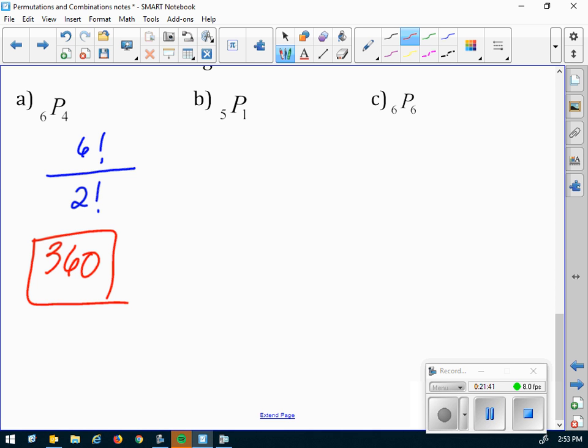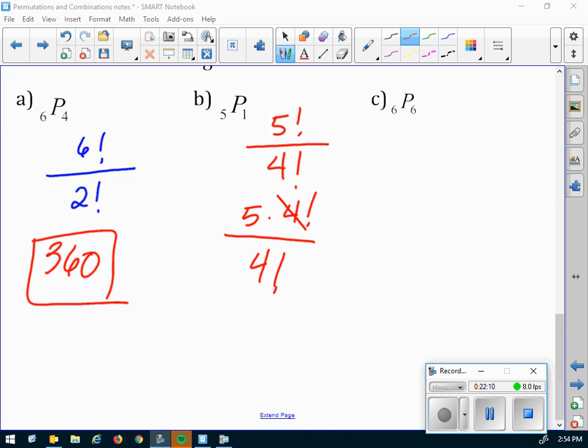Now, the formula says n factorial over n minus r factorial. So n factorial is 5 factorial over 5 minus 1 factorial. So this is going to be 5 times 4 factorial over, which is 5, which is 5.